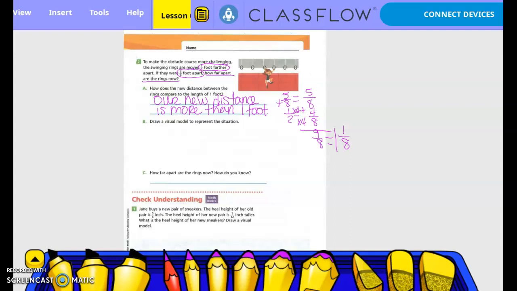Okay, so draw a visual model to represent the situation. Okay, so we are going to have our 1, right? Okay, then we're going to have this into what size pieces, guys? 8, right?